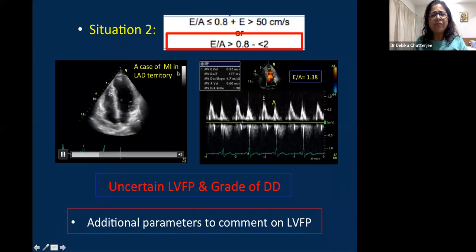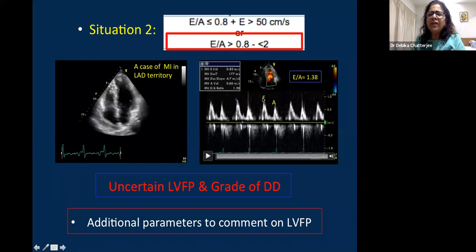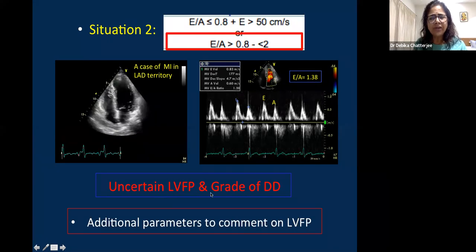So a case of myocardial infarction in the LAD territory is showing the E wave taller than A wave with a ratio of 1.38. So it comes in between, again with uncertain LV filling pressure and grade of diastolic dysfunction. We need additional parameters to comment on the LV filling pressure.